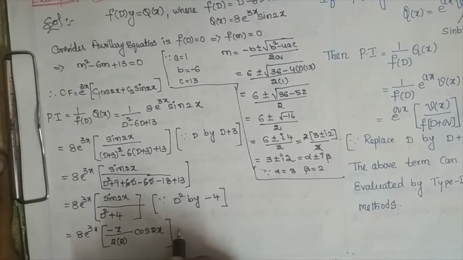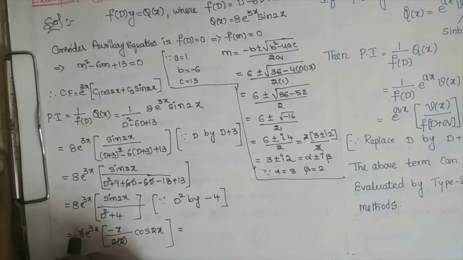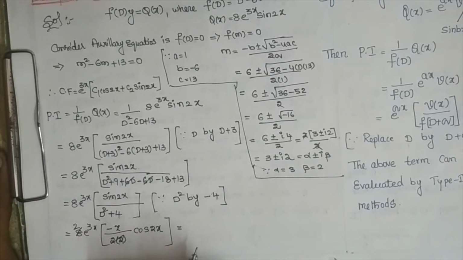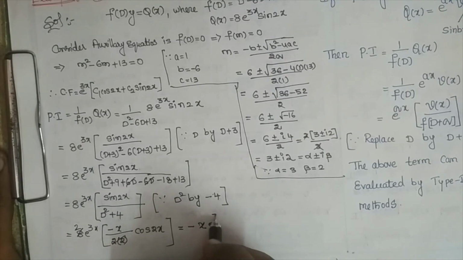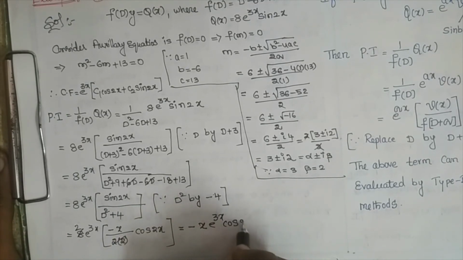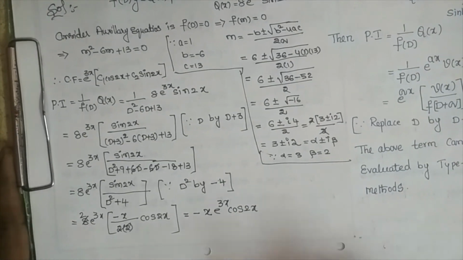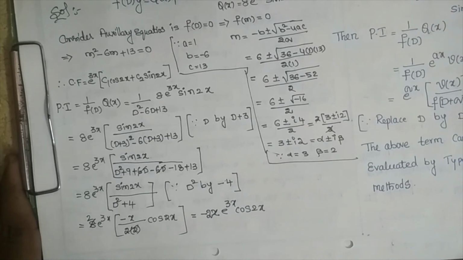Now simplify: 2 into 2 is 4, and 4 into 2 is 8. The final answer is minus 2 into x into e power 3x cos 2x, sorry, the 2 was missing.